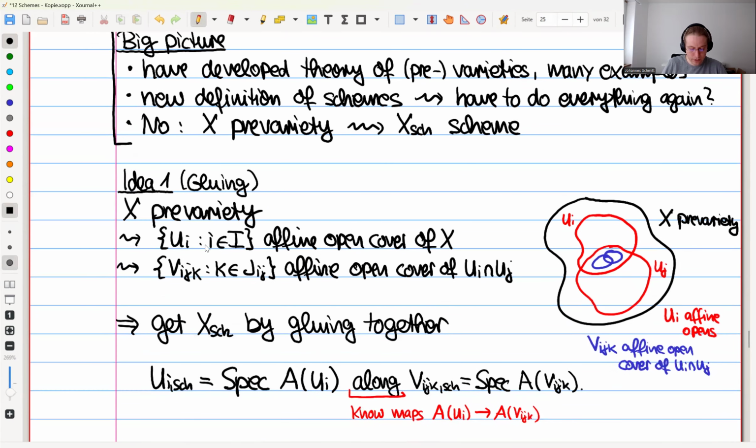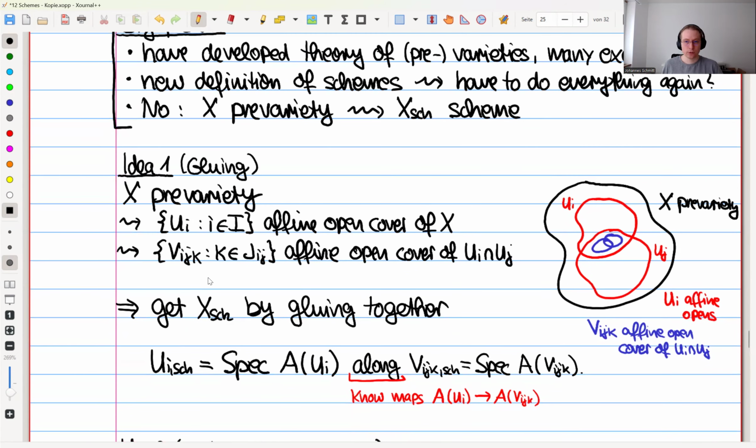As I said, X is a pre-variety, so it has this cover by affine varieties. And if you want to glue them, we already know we need to start identifying them. On these overlaps, the intersections of these affine varieties will not necessarily be affine. For a variety they are, but for pre-varieties they wouldn't necessarily be. But we can take this overlap and cover it by further affine varieties.